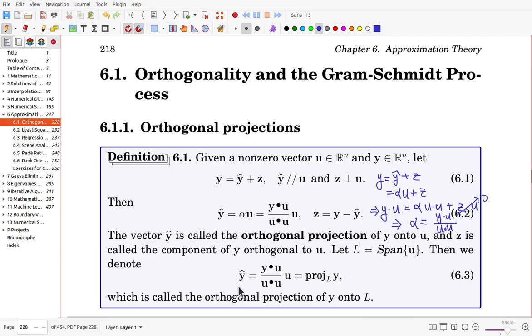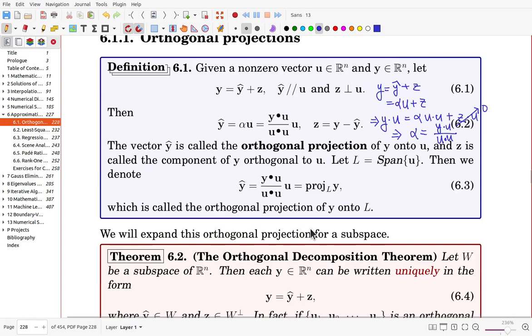The projection can be considered as the projection onto the line rather than onto the vector. So we consider this a projection to a space, and we use this notation: projection of y onto L. That is the definition.